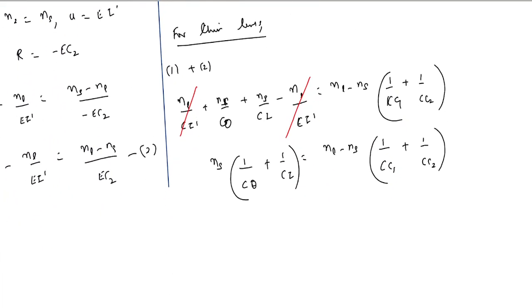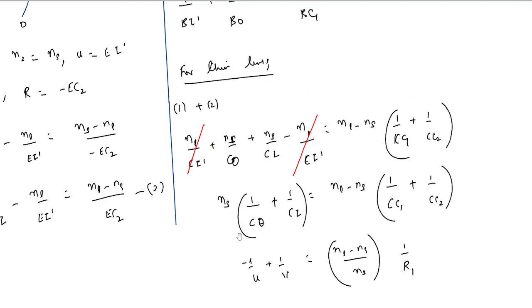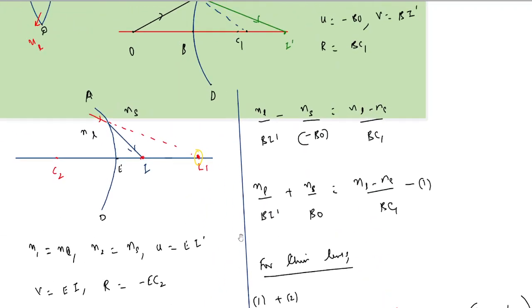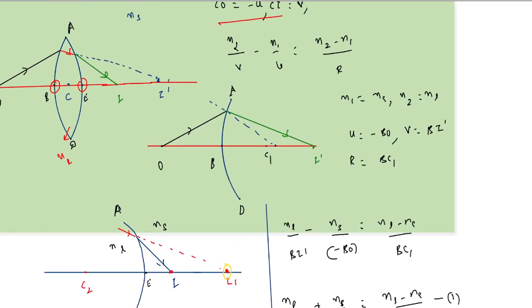So putting it back, we can bring this ns down to the right hand side. So minus 1 by u plus 1 by v is equal to nl minus ns by ns, that whole thing into 1 by CC1 would be plus R1, because CC1 would be the distance between optic center to the first center of curvature, which would be somewhere on this side.